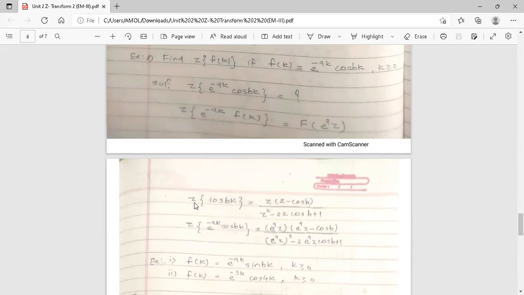Now the Z transform of cos bk is this term here. It is equal to capital F of z. We can write it here so that we can easily understand the term.